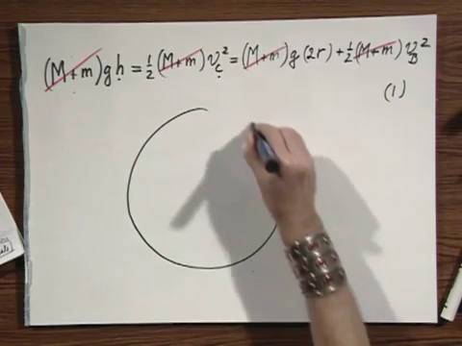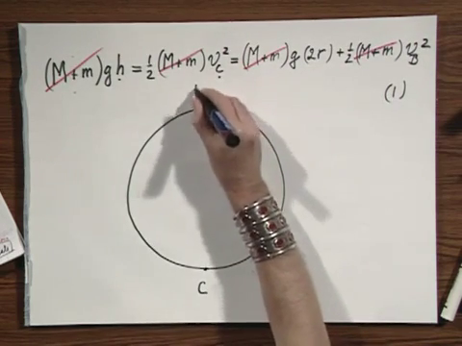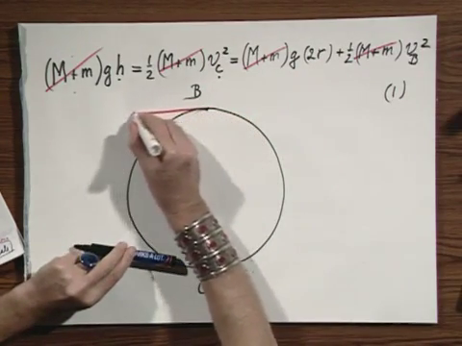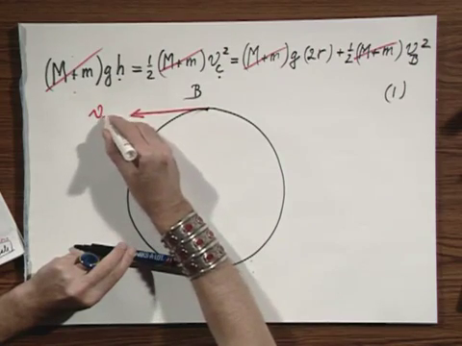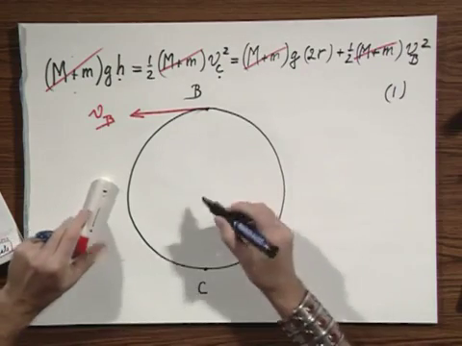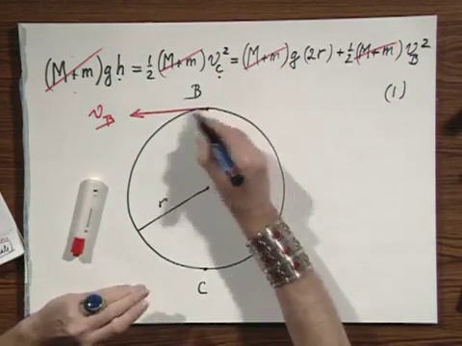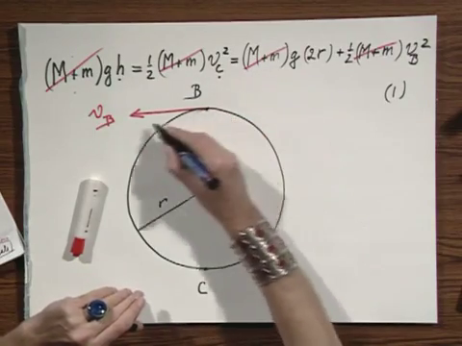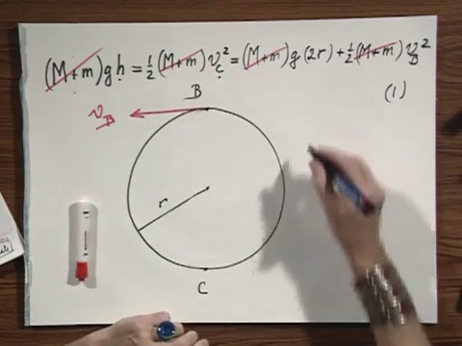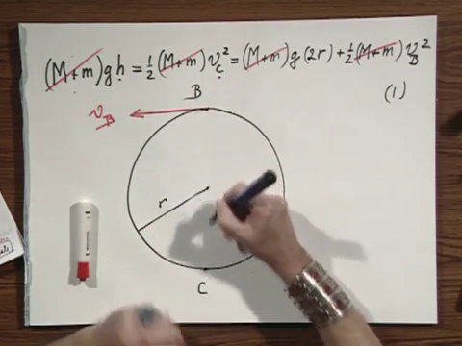Let this be that circle. So this is point C, and this is point B. And you have here this velocity v of b. Now, what is required for this object to stay in orbit, to make this curvature with this tangential velocity vb, is that there is a centripetal acceleration which is downwards.